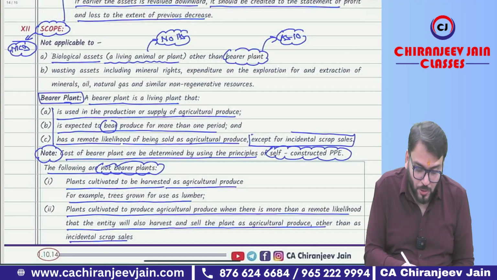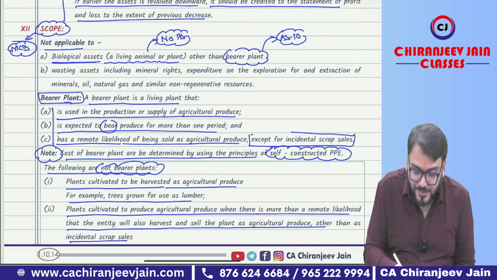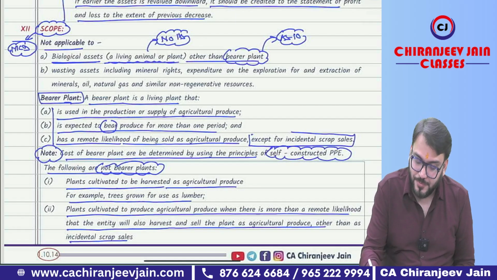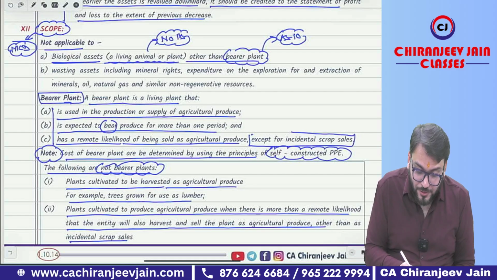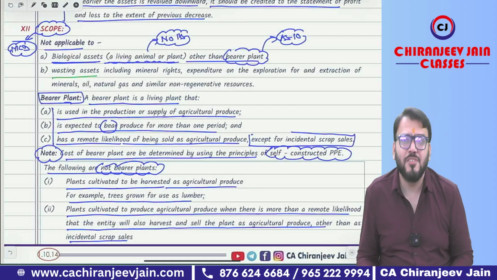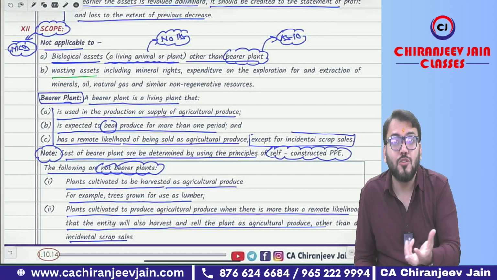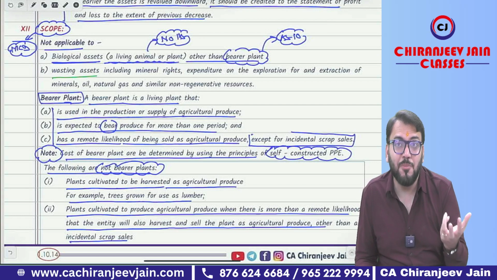So we are doing about scope. So it is not applicable to biological assets, a living animal or plant other than bearer plant. Understood? Next, it is also not applicable to wasting assets. Wasting assets means we have a right to extract coal. A coal mine is an example of wasting asset.